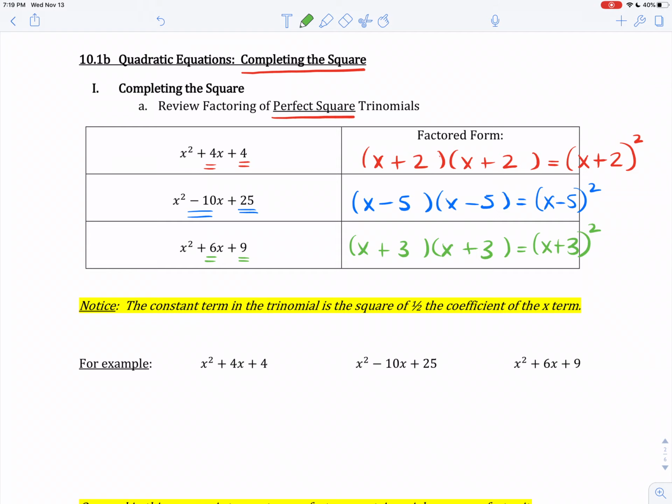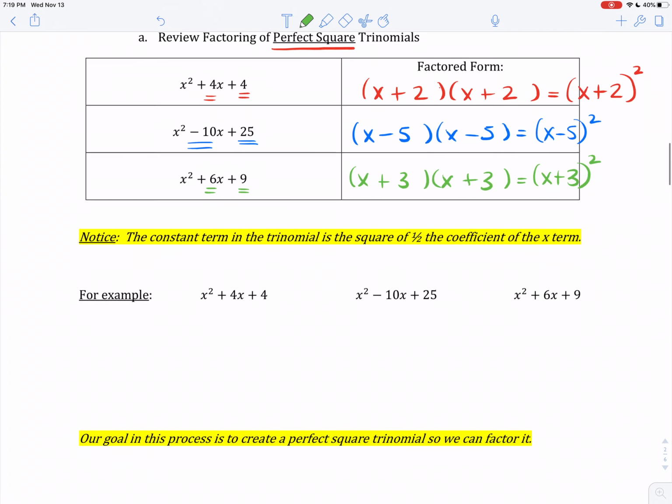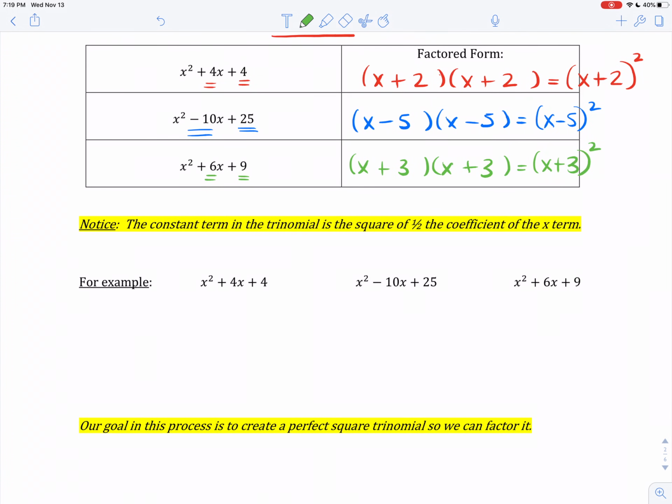Because we're going to be trying to create a perfect square, I want you to notice the relationship between the b term, the coefficient of the x, and the constant term, the value on the end, for these perfect square trinomials. For example, the first one we did, x squared plus 4x plus 4.